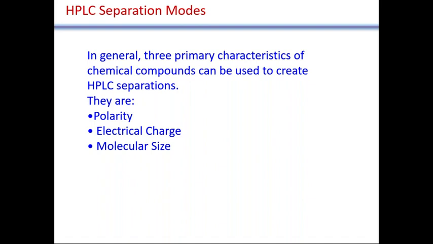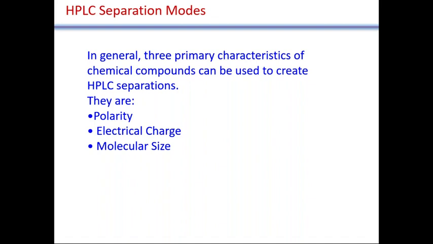Similarly, on molecular size, we saw that it is a sieving technique where the molecules or the analytes will separate based on size. So the big molecules cannot enter the pores and they will elute first, and the smaller molecules will remain in the column and elute later.